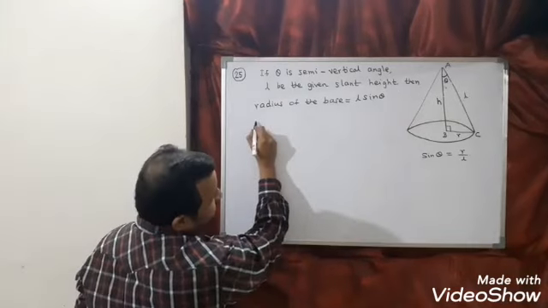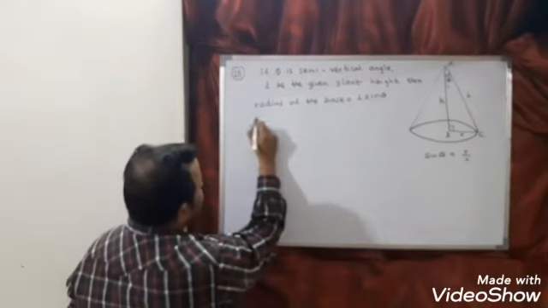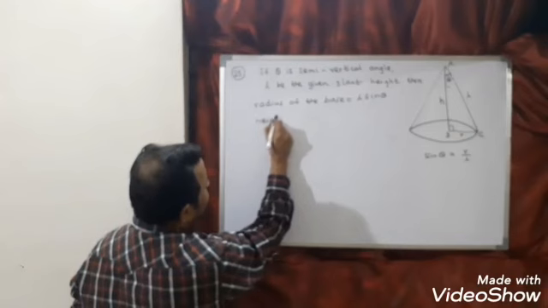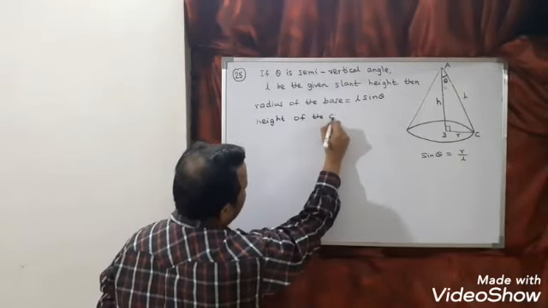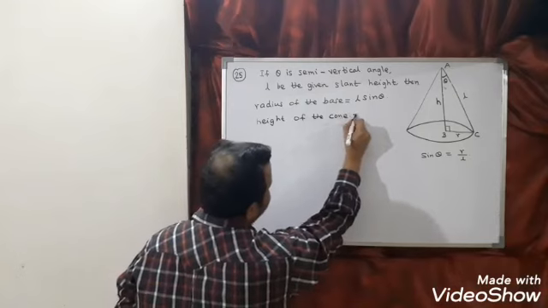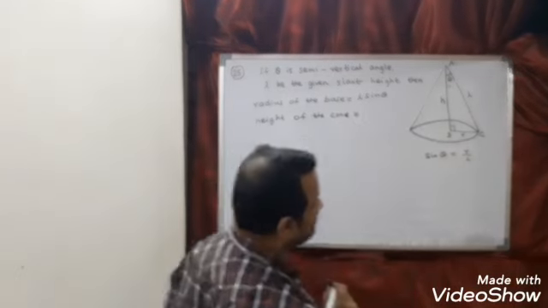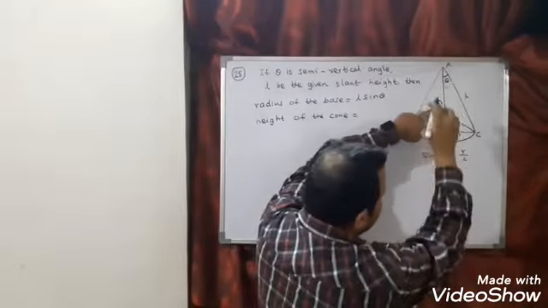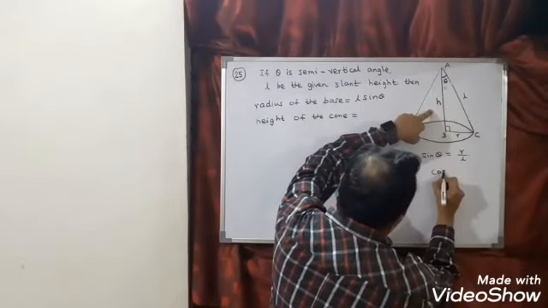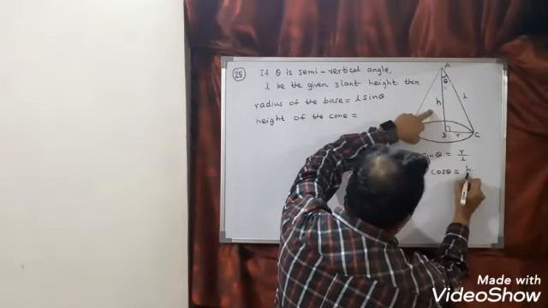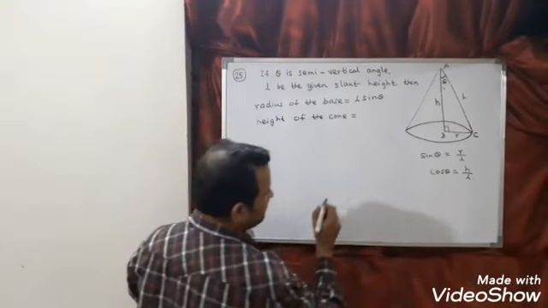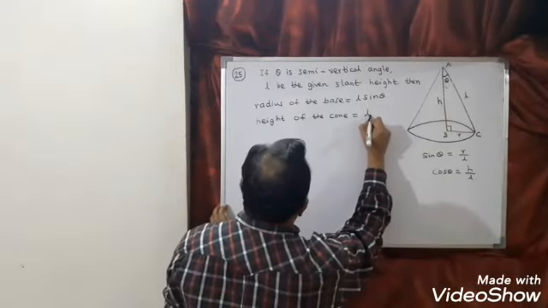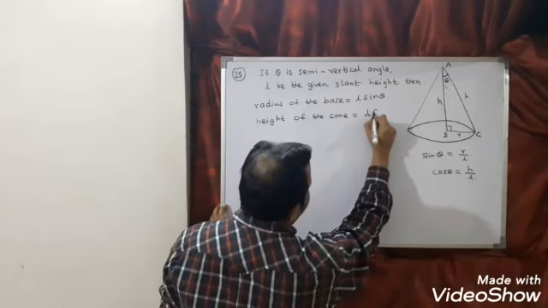Same way the height of the cone is the base. So what is cos theta? It is base divided by hypotenuse. So H is L cos theta.